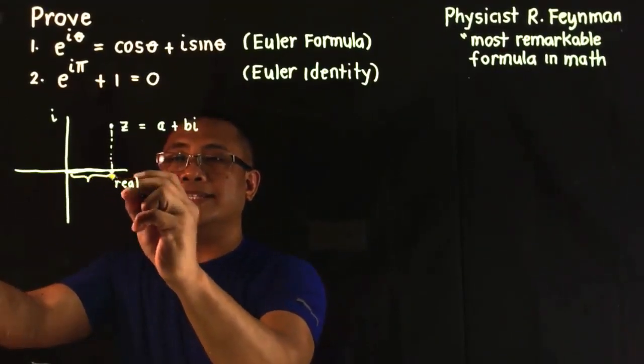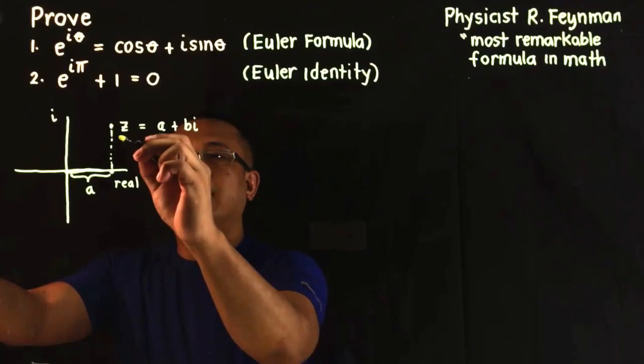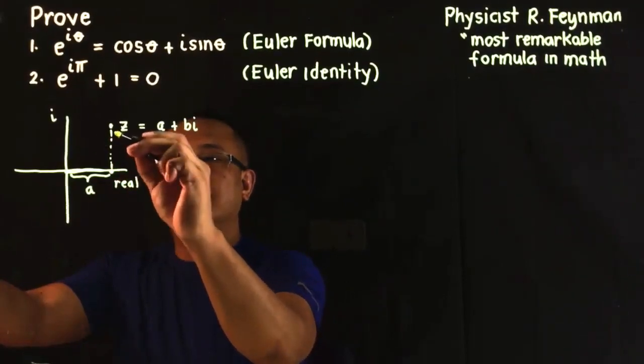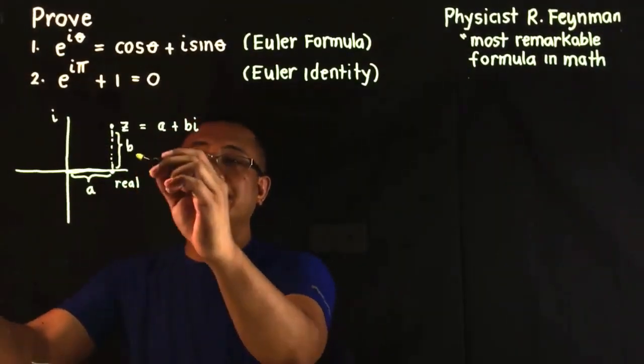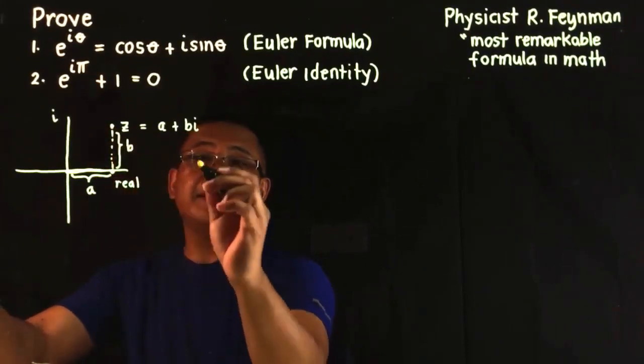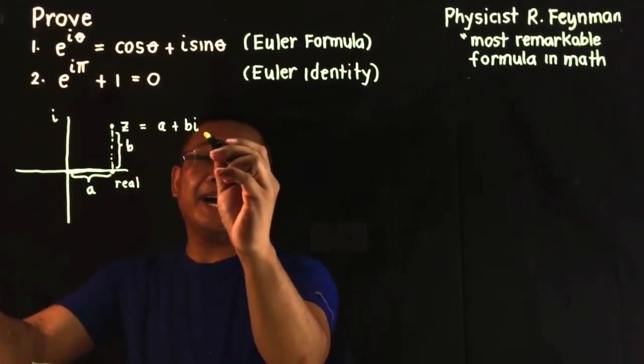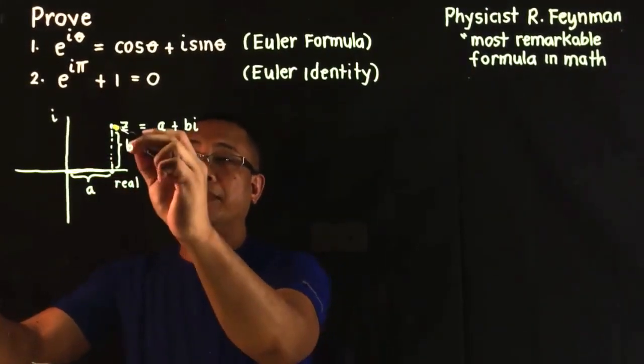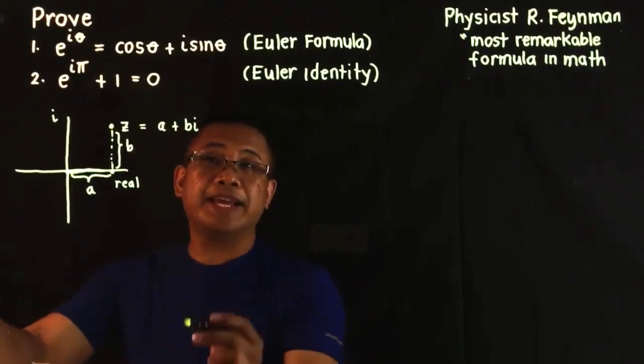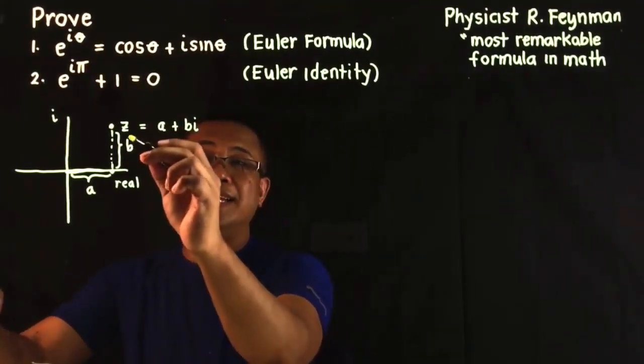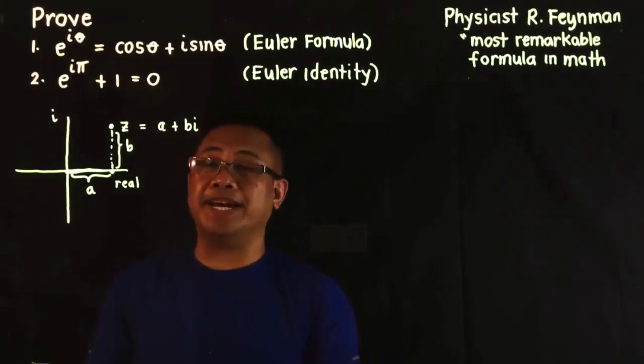So this distance is a, and our b is this length. Since b is in the imaginary axis, we write that as bi. So any point on the complex plane can be represented as z is equal to a plus bi.